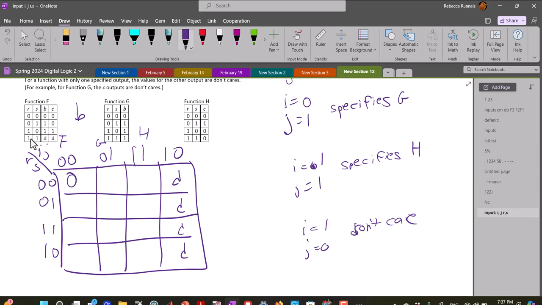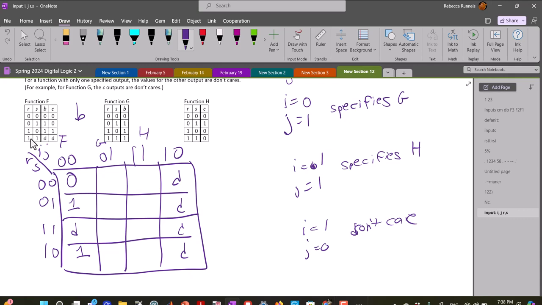If RS is 0, 1, then B is 1. If RS is 1, 1, then B is don't care. And if RS is 1, 0, then B is 1.